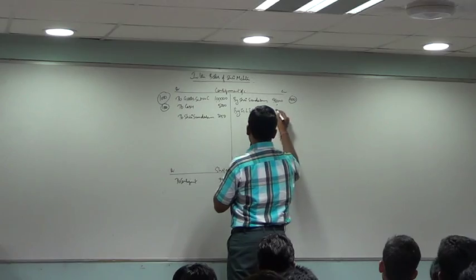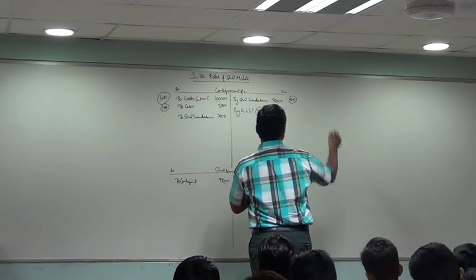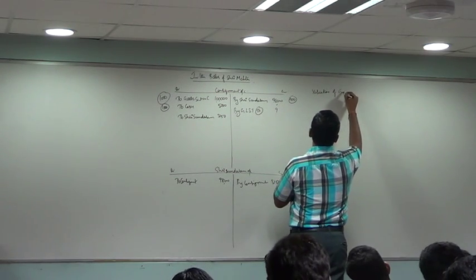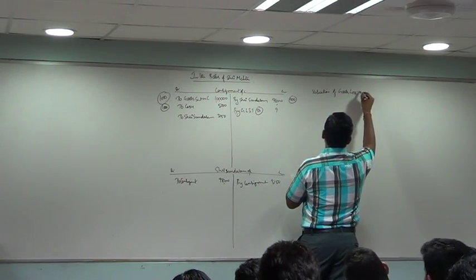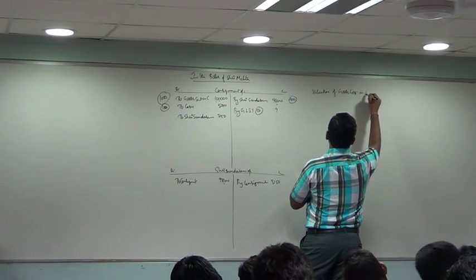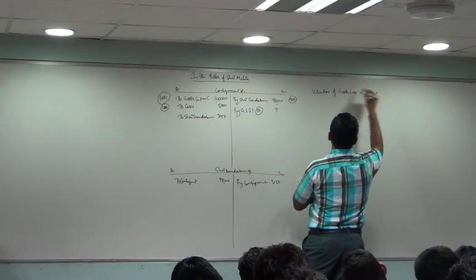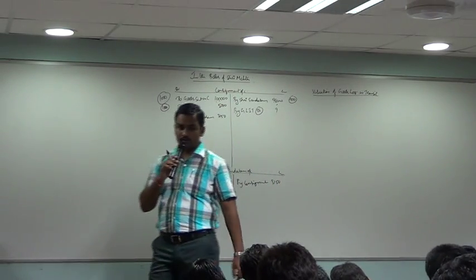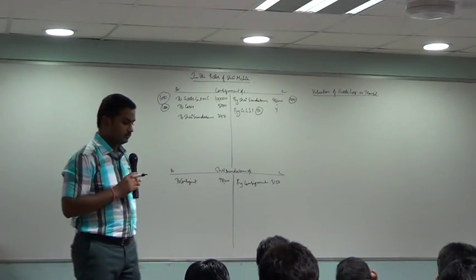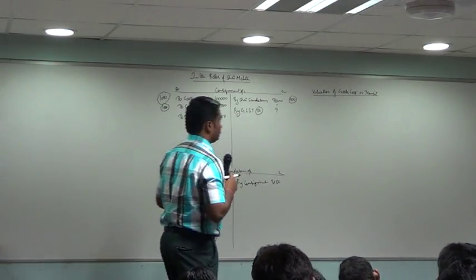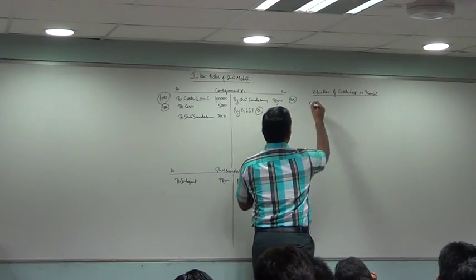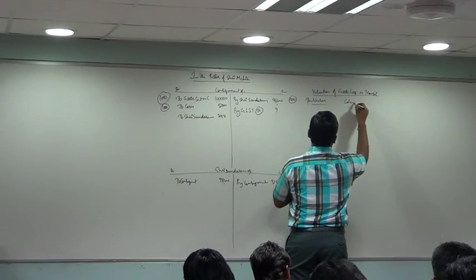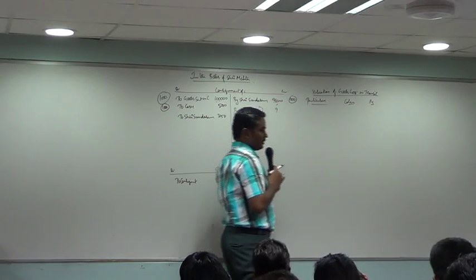700 was sold, 50 lost in transit. Valuation of goods lost in transit. Particulars. Calculation. Rupees. Look at the board, everyone.